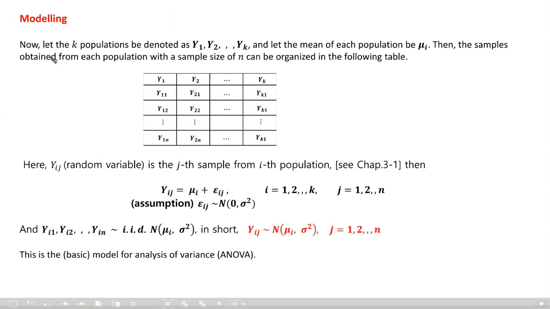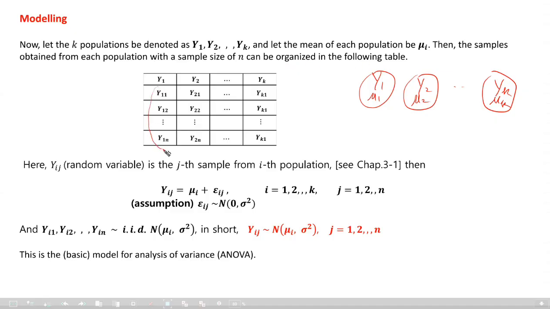Let's see modeling. Let k populations be denoted as y1, y2, yk. And let the mean of each population be mu1, mu2, mu k. Then the samples obtained from each population with a sample size of n can be organized in the following table.